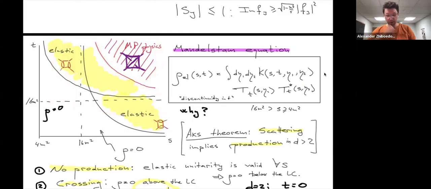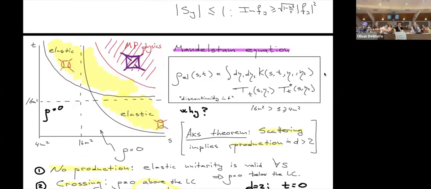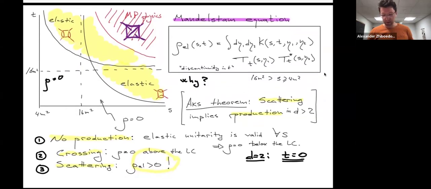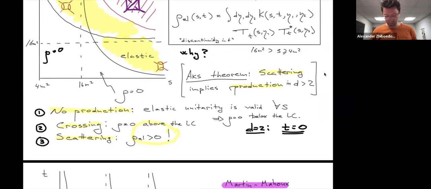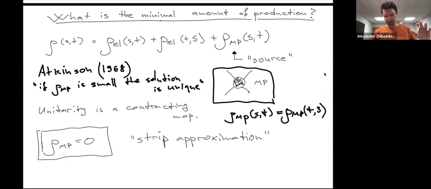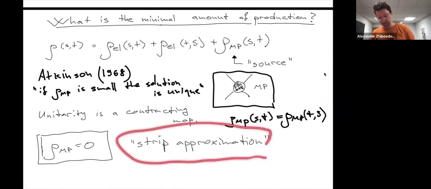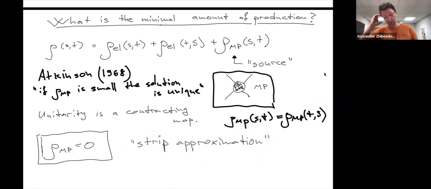Then we can first solve for rho MP small or 0, and then turn on small perturbations, and so we get some kind of non-perturbative bootstrap perturbation theory, where at every step you have non-perturbative amplitudes, and you correct this rho MP. But the short answer, I don't think we know which theories are of this type. I think we know for sure that QCD is not of this type, and that's why in the 60s this was one thing people tried, and it didn't really work, and they couldn't even find the solutions.